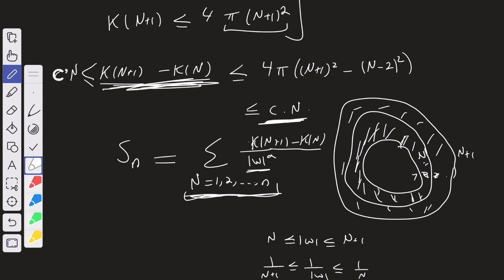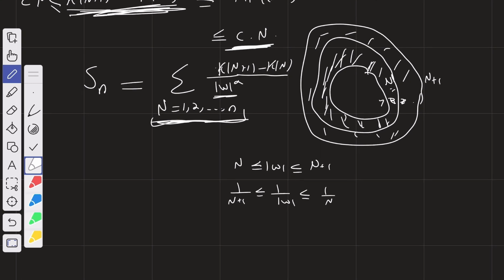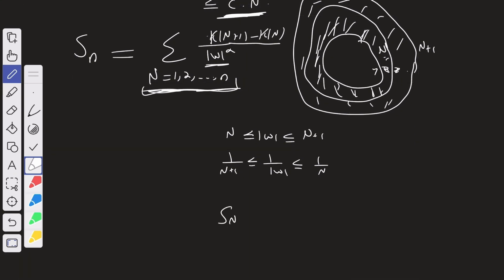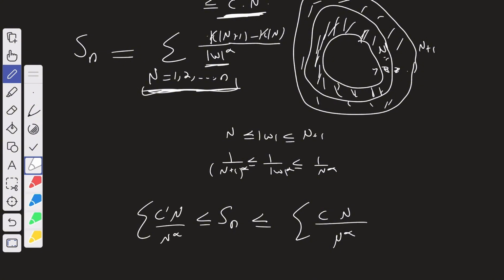And this is all to say that this partial sum will be bounded between two things, and this will be of the form something like c n over n to the alpha, because if you take alpha here you have this, and from the lower side you're going to have the sum of some c prime n over n to the alpha.